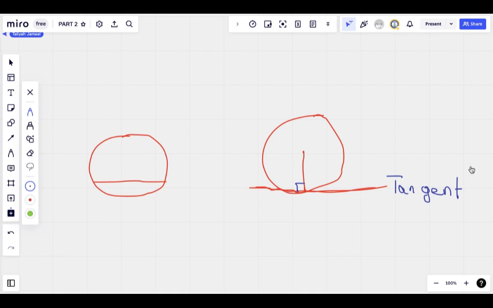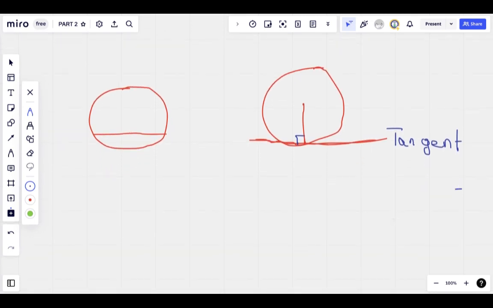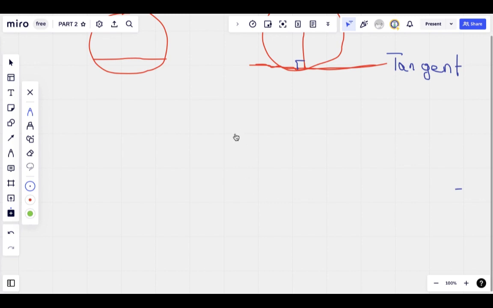For example, let's say we have this circle. Okay, and then here it meets one tangential line, and here we have another tangential line.